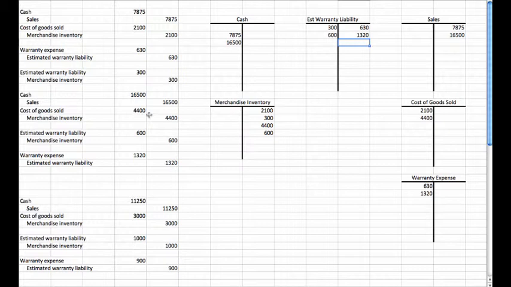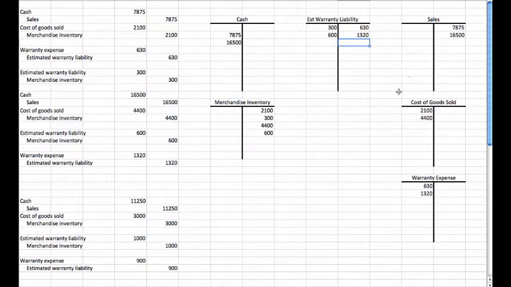Now, one of the things to remember is that asset accounts and liability accounts are considered what we call permanent accounts, whereas accounts related to the income statement, such as sales, cost of goods sold, and warranty expense, are considered temporary accounts and will be closed out at the end of the year. So in other words, once we finish our journal entries right here for 2007, we need to consider that these accounts will flow into the next year.